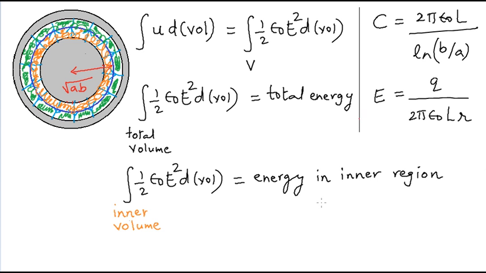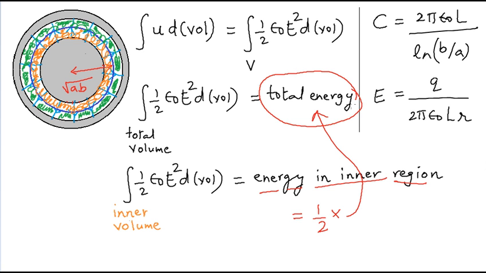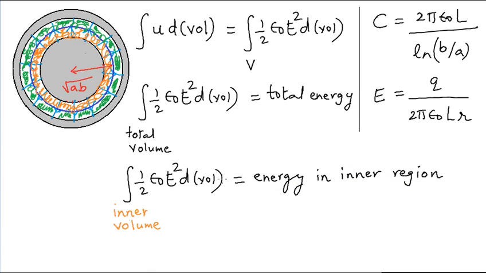And what the question basically asks me to do is to prove that this energy, the energy in the inner region, is precisely half of the total energy in the entire gap. One way to prove this result would be to actually evaluate these two integrals separately and to prove that this integral is half of this integral.